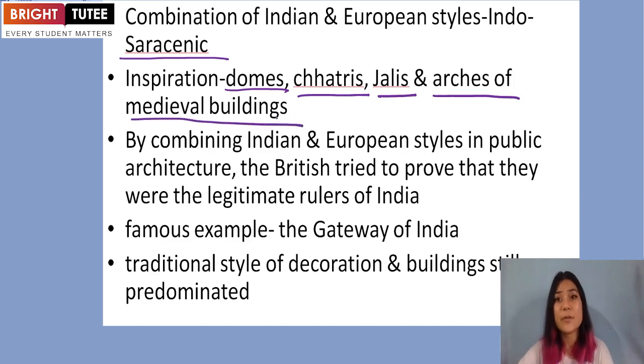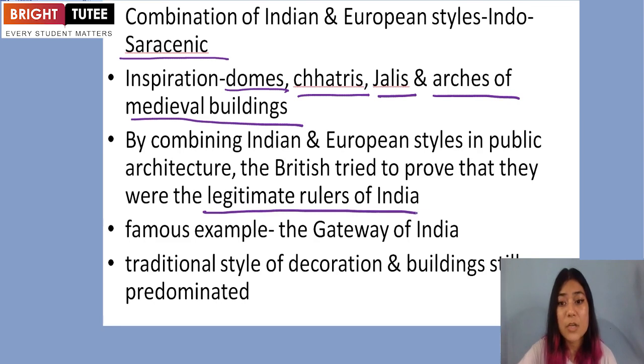So these were the inspirations that the style of architecture, Indo-Saracenic, took from the Indian style and merged it with the European style. This was used in India by the British so that they could prove that they were legitimate rulers of India.